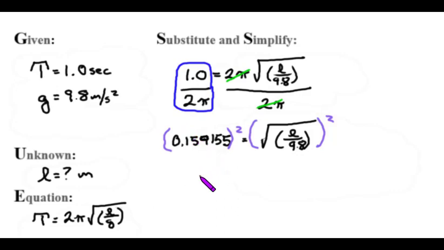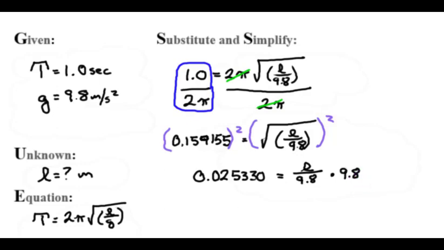And that gives me a number, 0.0253330, equals L over 9.8. In order to get L all by itself on the right-hand side, I'm going to multiply it by 9.8.